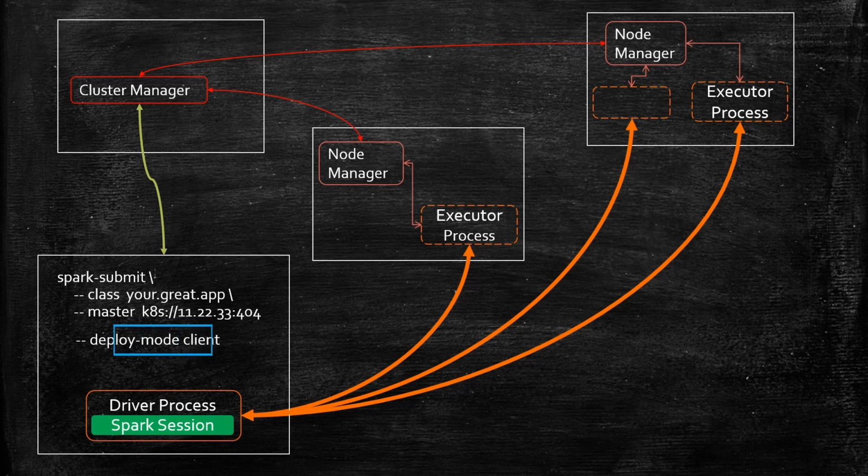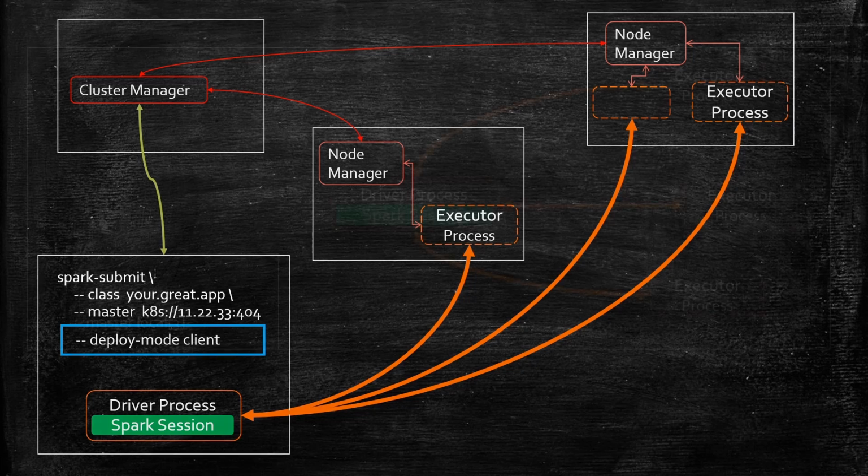And because the Spark driver runs on a separate client, that client is responsible for maintaining the Spark driver process, and the cluster manager will maintain the executor processes. So the client needs to be alive for the duration of the Spark application so that the Spark driver can also stay alive. If the driver fails, then the Spark application will also fail.